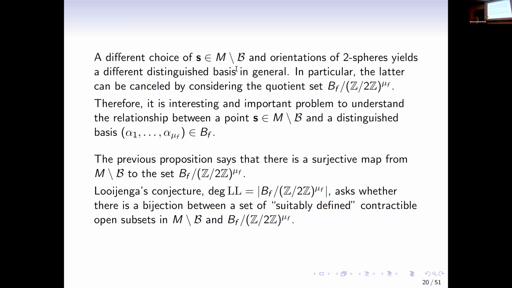It is equivalent to the statement that there is a bijection between a set of suitably defined chambers, open subsets in this space, and this set. Because from here to the configuration space there is a covering map, if we choose a good chamber in the configuration space, we take the inverse image.